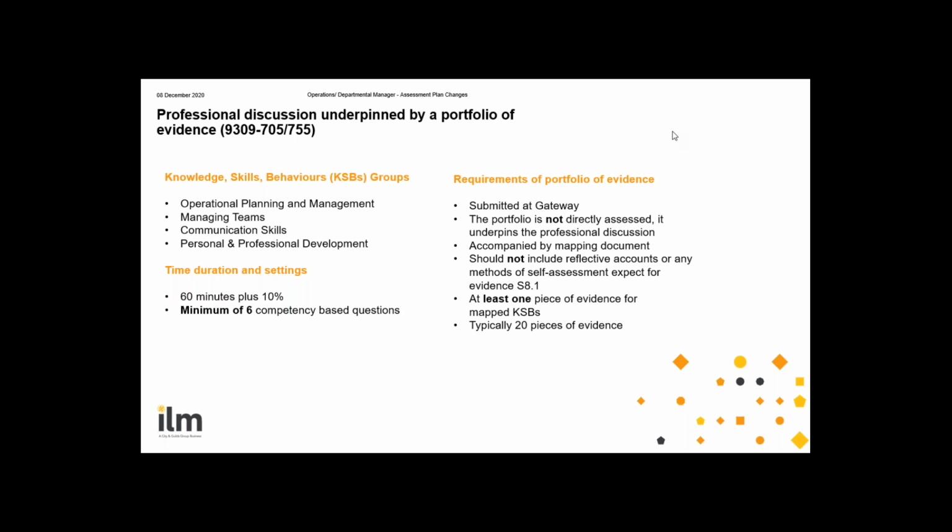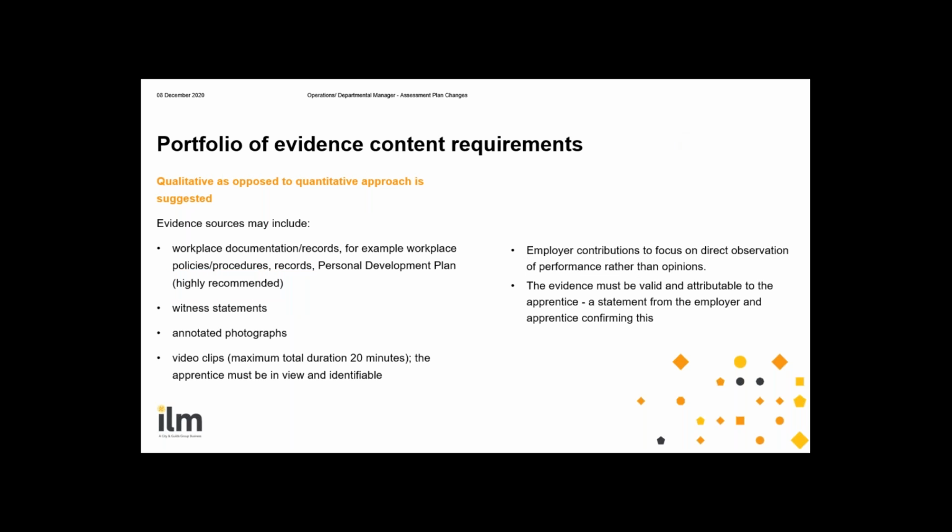Now, if we can move to the next slide. We mentioned in the previous slide about 20 pieces of evidence. So it's typically 20 pieces of evidence as stated in the assessment plan. So we start to see straight away how important quality is. It has to be the quality of the evidence over the quantity of the evidence.